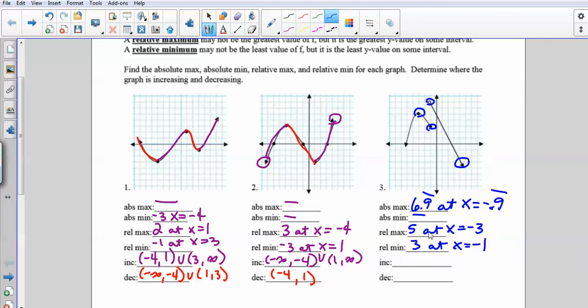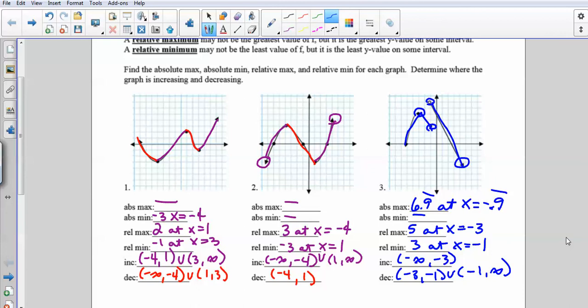We are increasing right here from -infinity until -3, and we are decreasing twice. Once is here from -3 to -1, and then one more here from -1 to infinity.